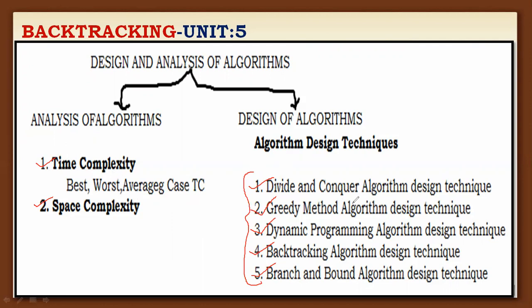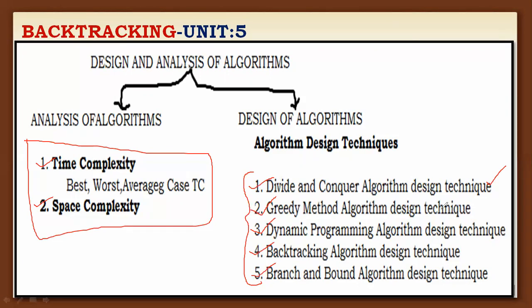Students, we have completed time complexity and space complexity in the first unit, and in the second unit we completed how to solve various applications using divide and conquer algorithms. Some of the sorting algorithms and some of the searching algorithms are best examples for the divide and conquer algorithm design technique.